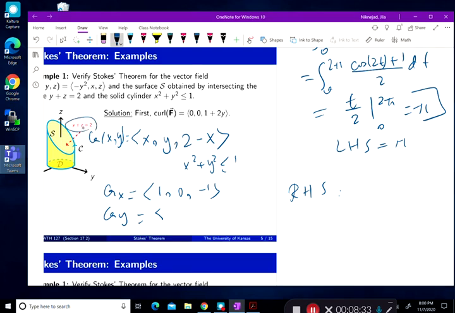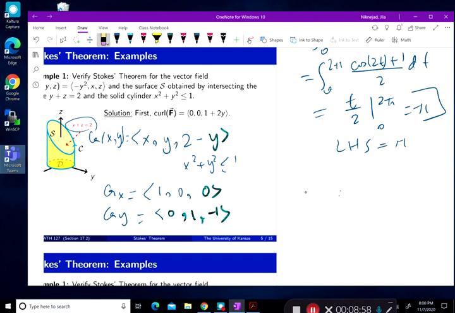This is y plus z equal to 2, so this should be 2 minus y, not x. So g_x is going to be 1, 0, 0 and g_y, the partial of g with respect to y, is going to be 0, 1, and negative 1.